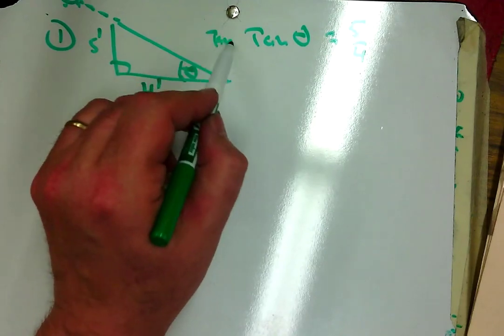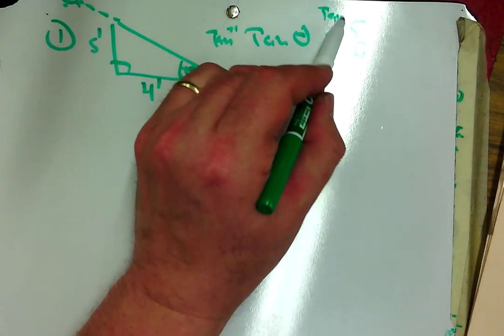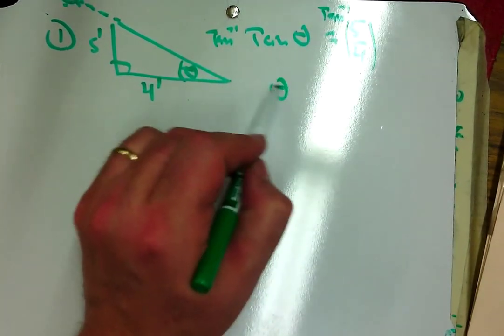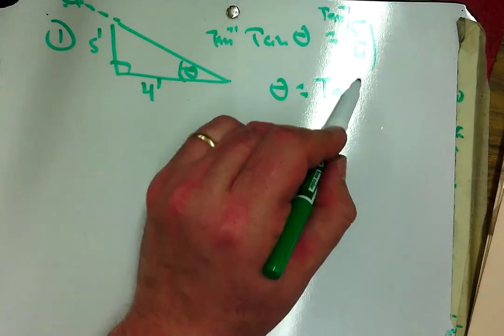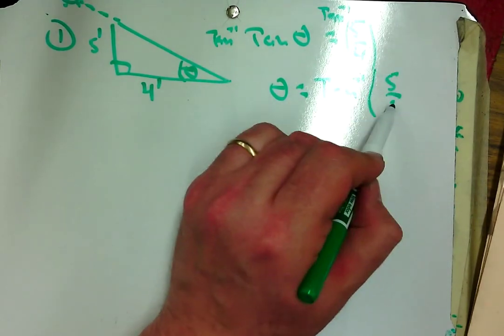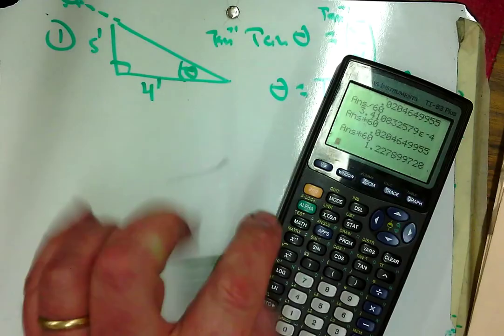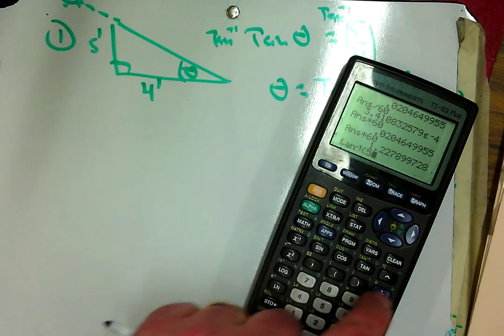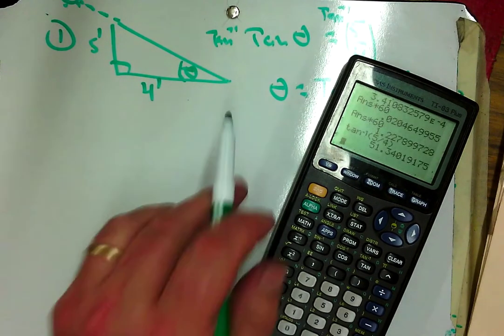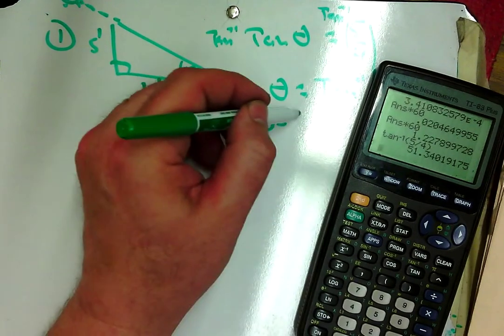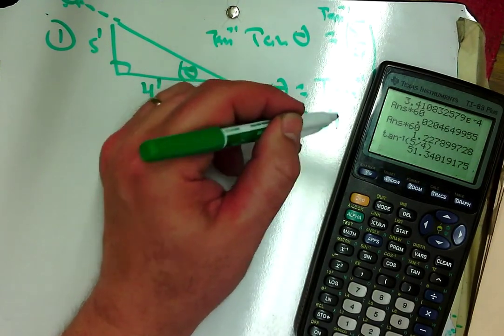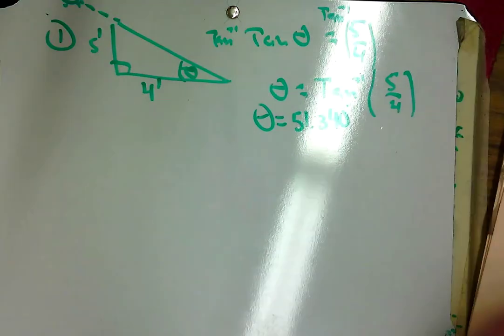And if I take the inverse tangent of both sides of the equation, I get that theta equals tangent inverse 5 over 4. Inverse tangent, 5 divided by 4. I get theta should be 51.340 degrees.